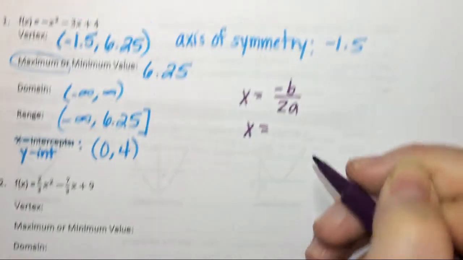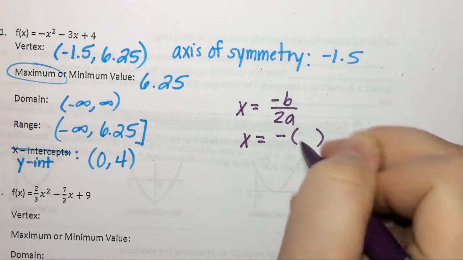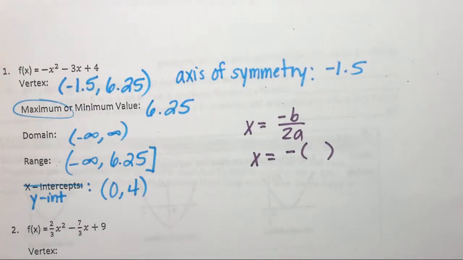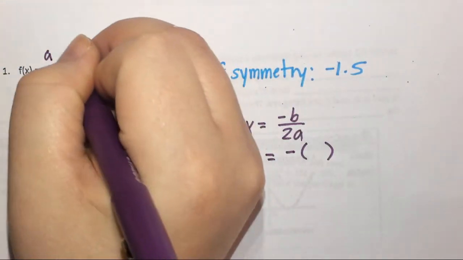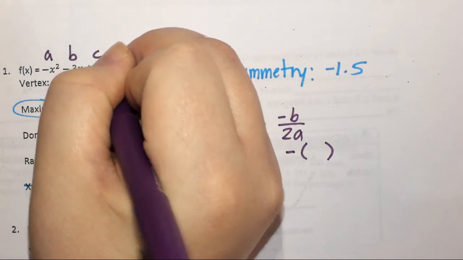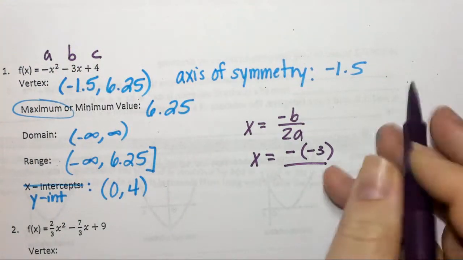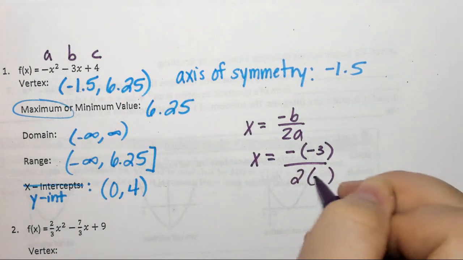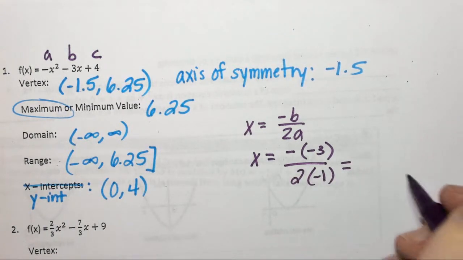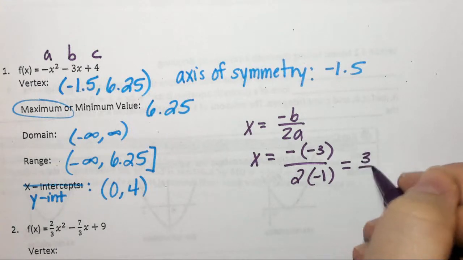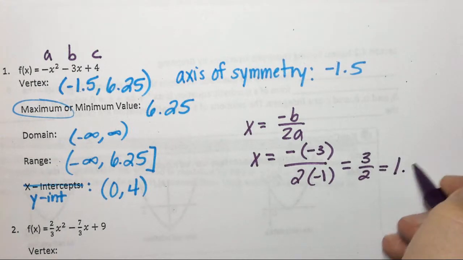Our a is negative 1, b is negative 3, c is 4. So negative b would be negative 3, over 2a, well, a is negative 1. So she would get positive 3 over 2, which is 1.5.